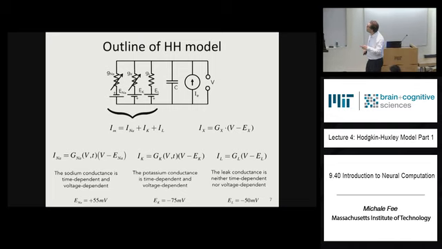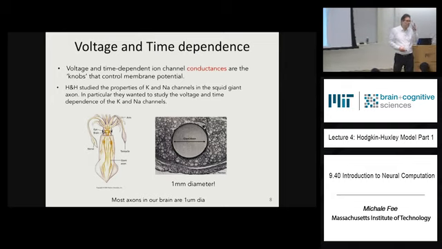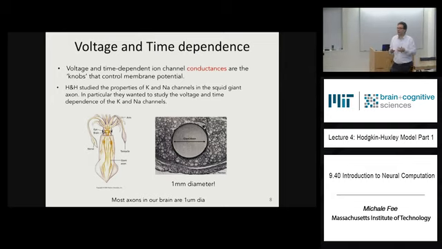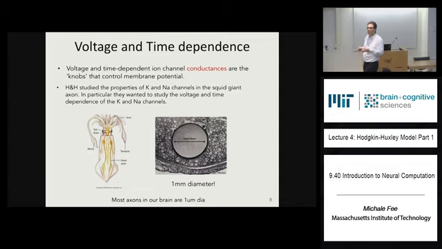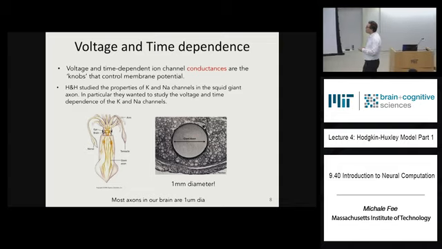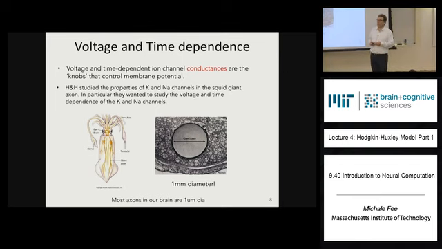Okay, so those are the parts we're going to use. We're going to describe now the experiments that Hodgkin and Huxley did to extract the parameters of the sodium and potassium conductances. Today we're going to focus on the potassium conductances, and then next Tuesday, I guess, we're going to do the sodium.